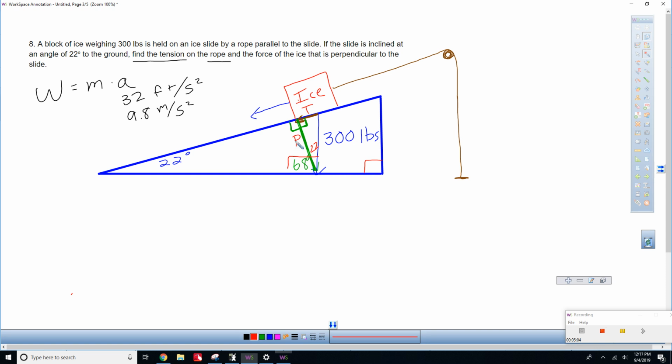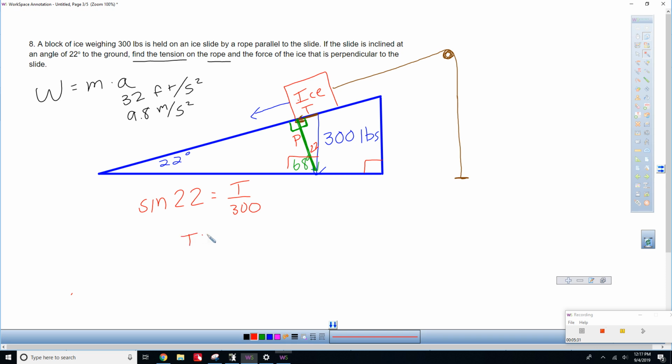So we literally can just use SOHCAHTOA to do this, Tara. So according to the 22 degrees, what is the brown side? Is it opposite, adjacent, or hypotenuse? It is opposite. What is the blue side? It's hypotenuse. So we're going to say opposite over hypotenuse. That sine of 22 is the tension on the rope divided by 300.